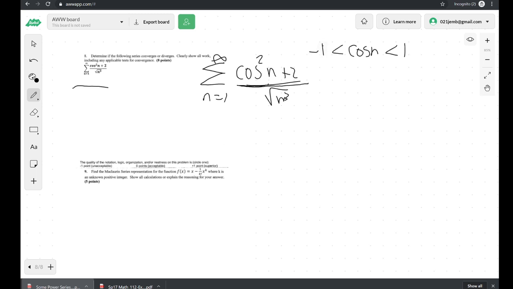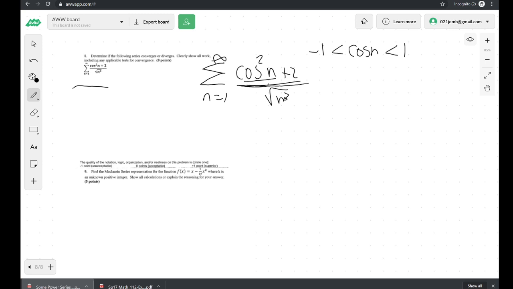What happens when we square cosine of n? It will be different. It will always be between two different values. Remember that over here we have the sum from 1 to infinity.